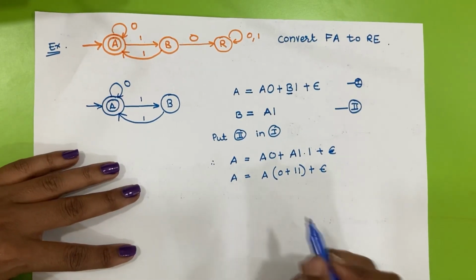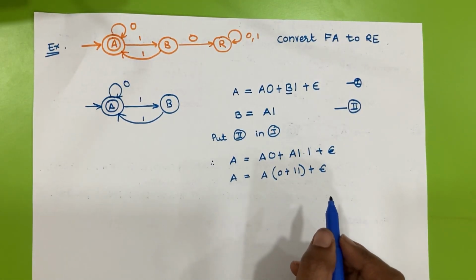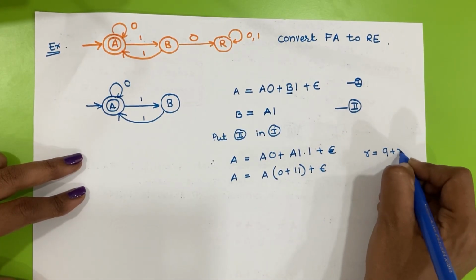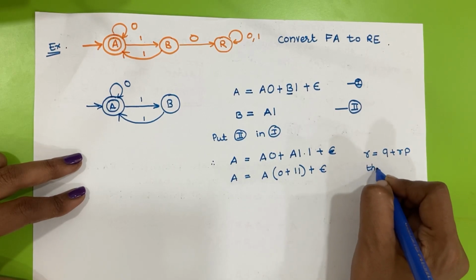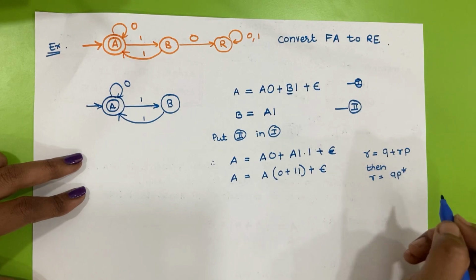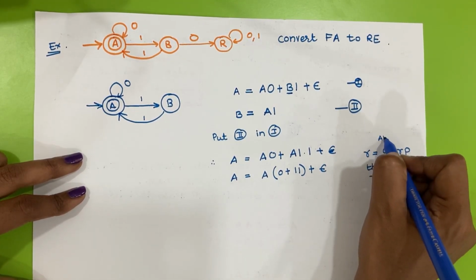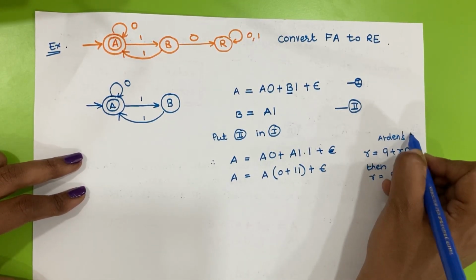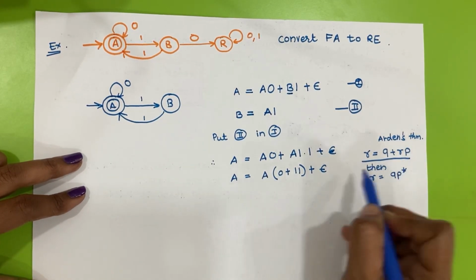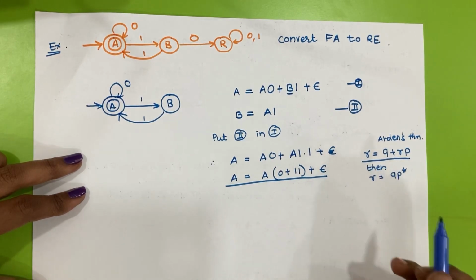Now A is equal to, I can take common from these two. Now I can compare this with Arden's theorem, that is R is equal to Q plus RP, then R is equal to QP star. So I'll compare this expression with this expression.